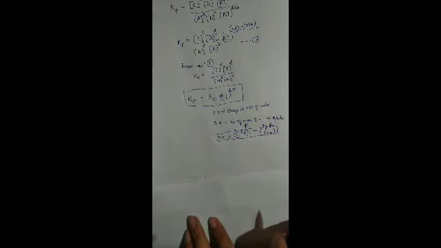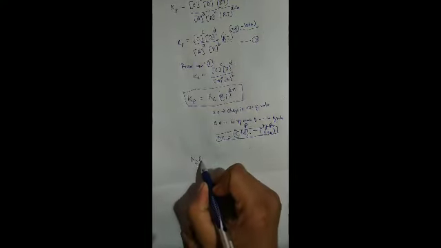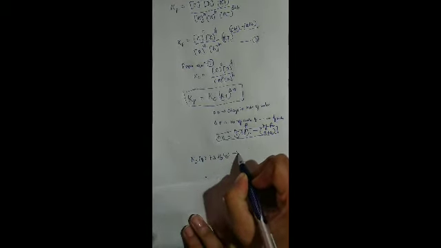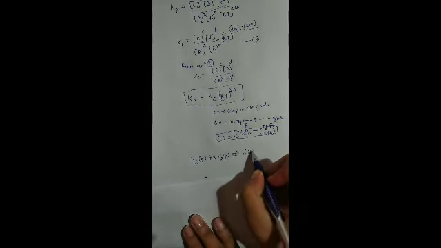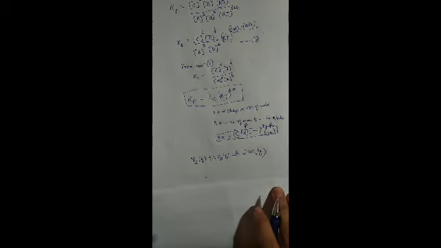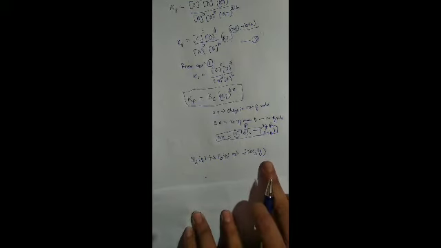Suppose I take the example of N2 in gaseous state and 3 H2 in gaseous state, and in equilibrium they produce 2 NH3, again in gaseous state. If we have to find the value of Kp and Kc, and establish the relation between Kp and Kc for this reaction, firstly we have to calculate the value of delta n.